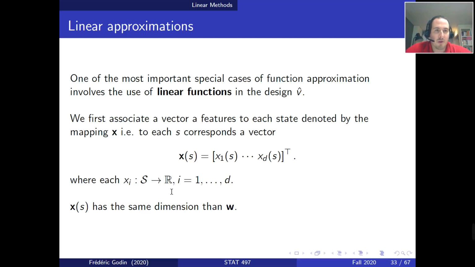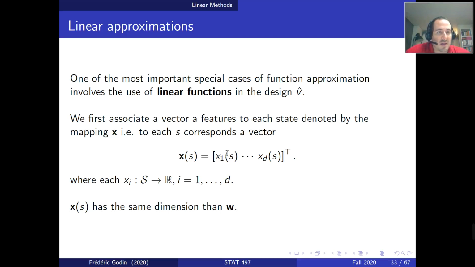So for example, if you try to make a robot walk, the state itself can be very complicated because there are many body parts in a robot, but you could, for instance, consider that the first characteristic could be the right arm's position or the height of the right arm. X2 could be the height of the left arm, X3 the height of the left knee, and X4 the height of the right knee or something like that.